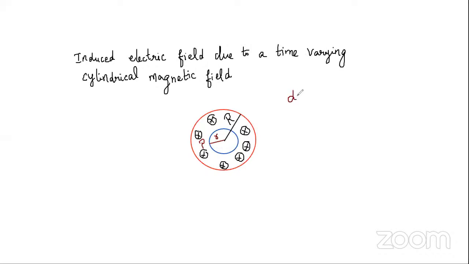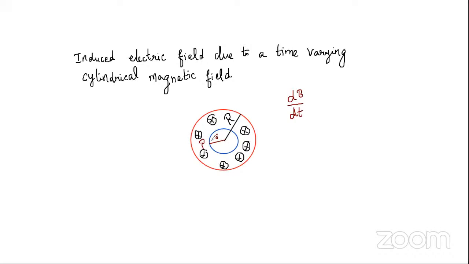The rate of change of the magnetic field is given by dB by dt; it is varying with respect to time. Now at this point P, we are going to calculate the induced electric field due to the time dependent varying magnetic field.